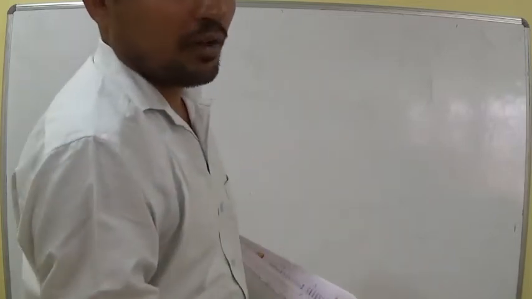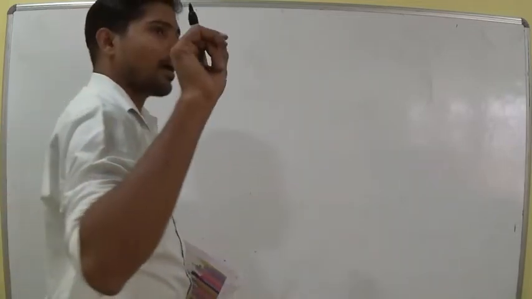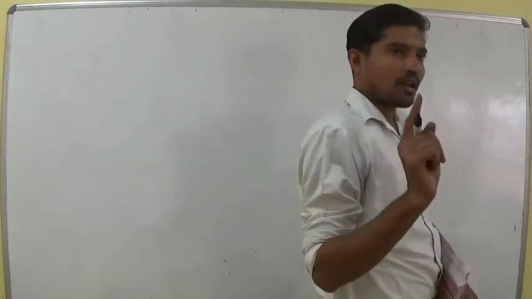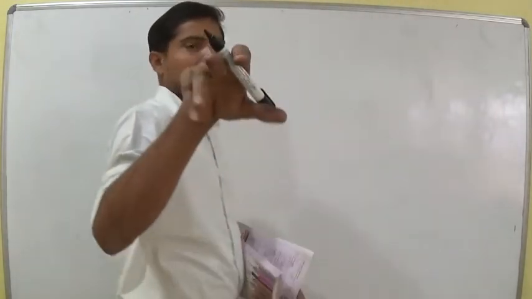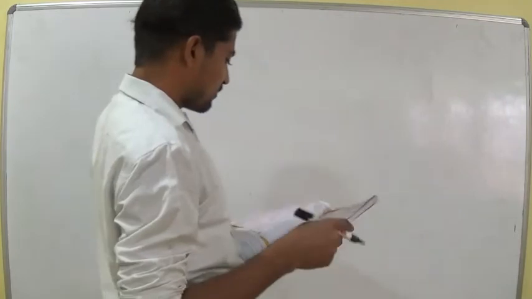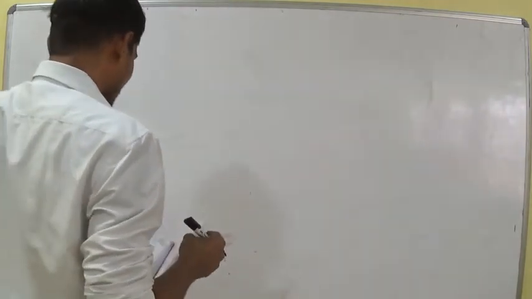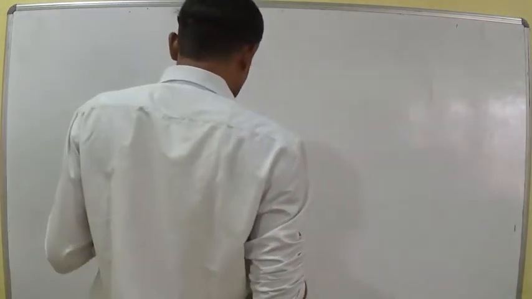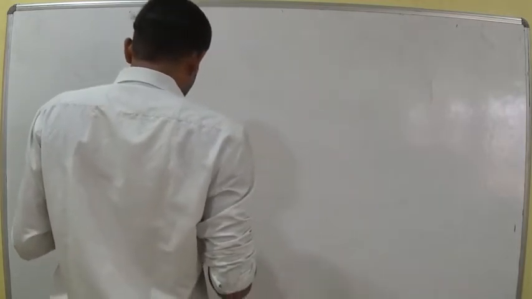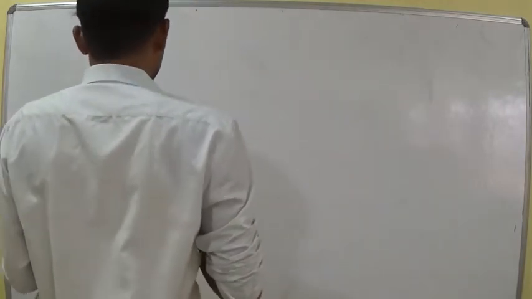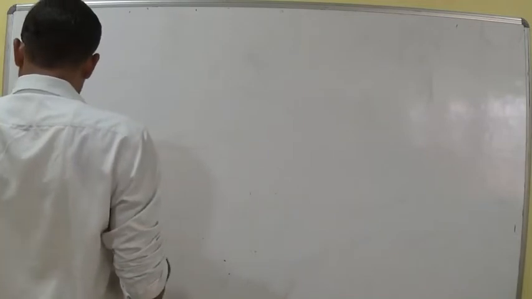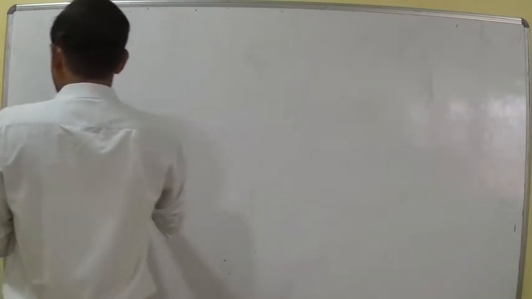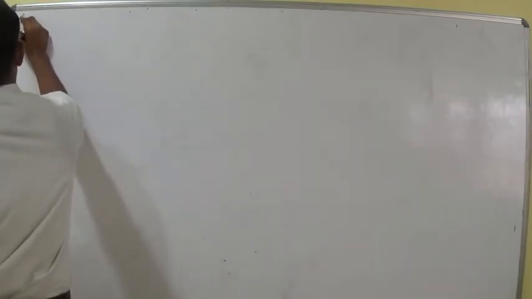Every condition has to be satisfied, otherwise it does not represent a pair of straight lines. Given equation, this is the sixth problem.